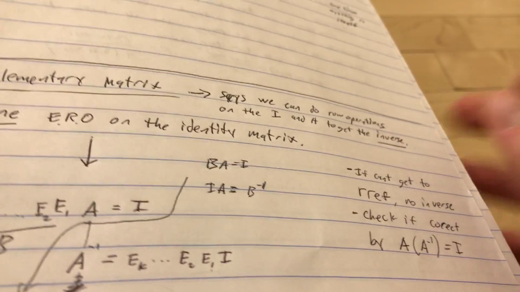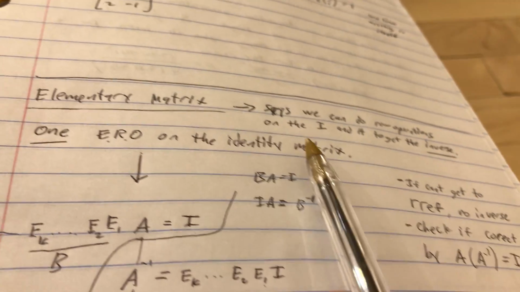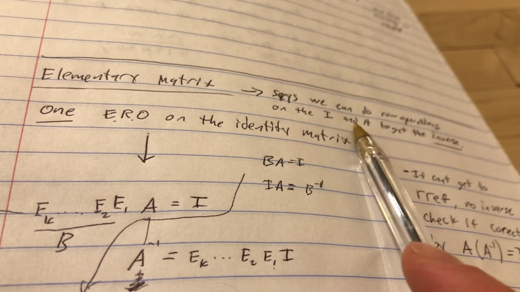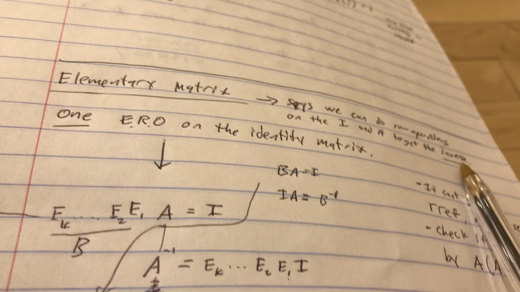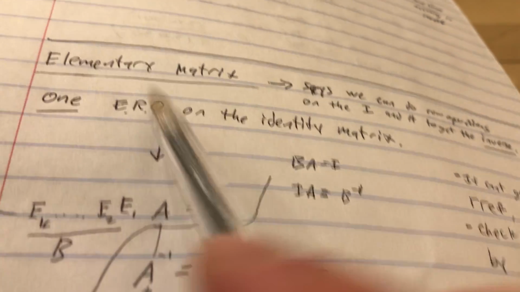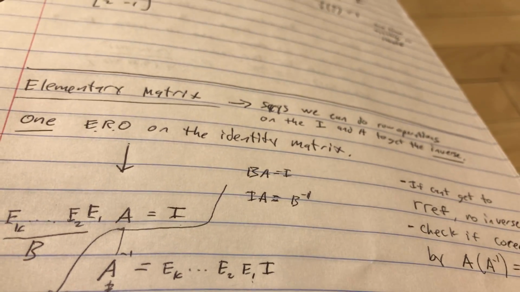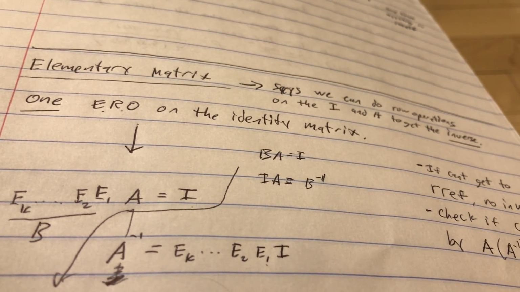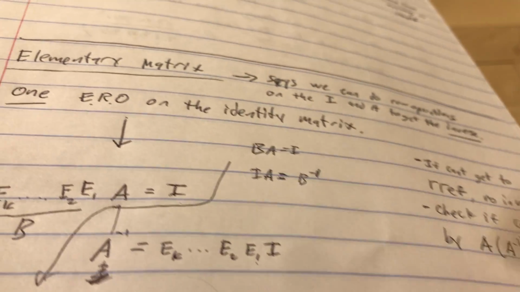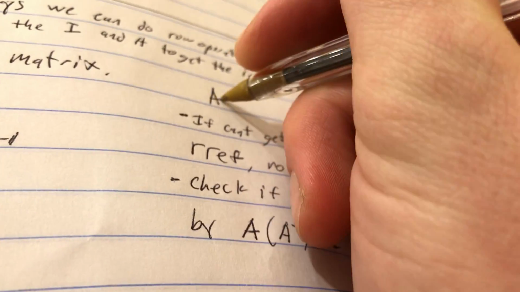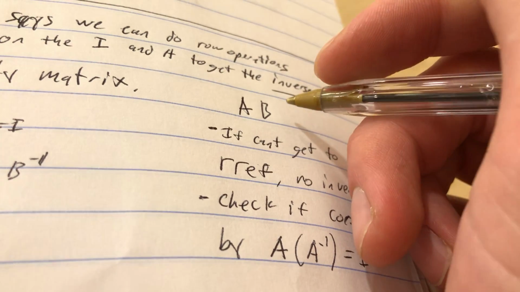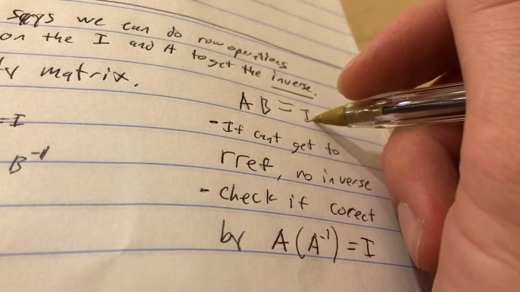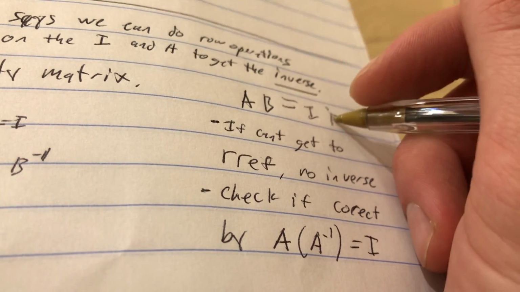He briefly brought in elementary matrices just to say that we can do row operations on the identity matrix and the A matrix to get the inverse. That just means that doing elementary row operations on a matrix also affects the matrix it equals in the product. For example, matrix A times matrix B is going to equal the identity with any other row operations that you did to it.